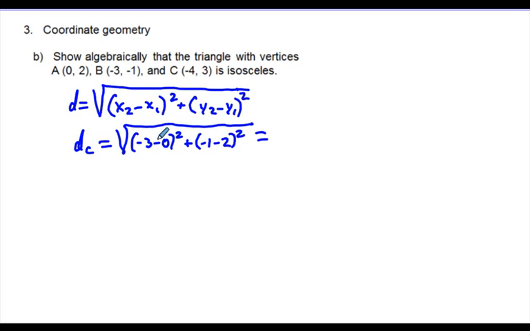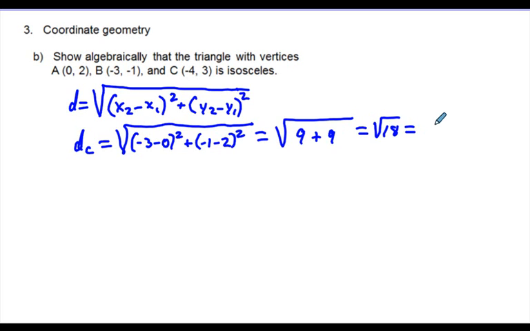And for this, -3 squared is going to be 9. And then we have plus 3 squared, that's going to be 9 also. So we're going to get the square root of 18.